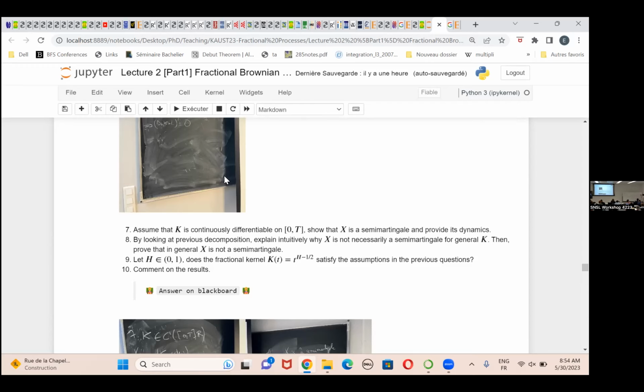And this is where you need K prime to be in L2 to justify the Fubini. If K prime is not in L2, you cannot do this here. It's just a technicality.